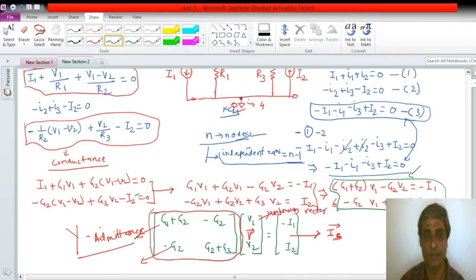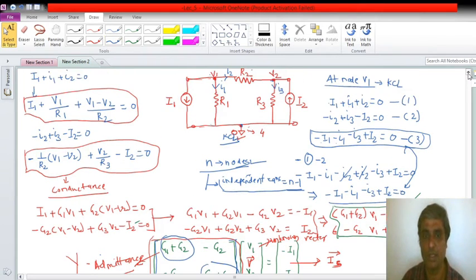What I am observing in this case: see, these diagonal elements G1 plus G2 and G2 plus G3. If I go into the circuit, what is happening? For this node, what are the conductances connected? G1 and G2. And in the second diagonal element, that is G2 and G3, so in the second node, the conductances connected are G2 and G3, right?